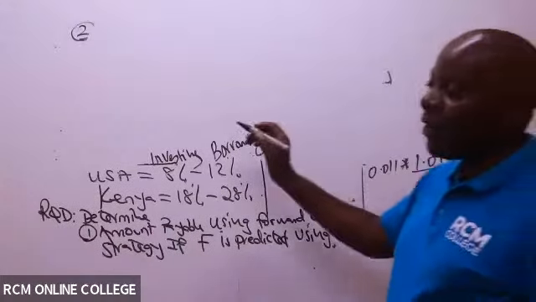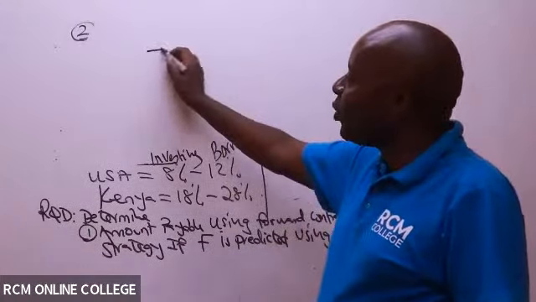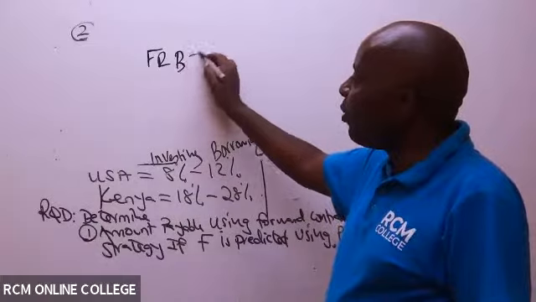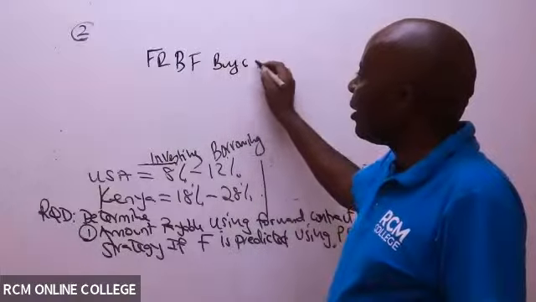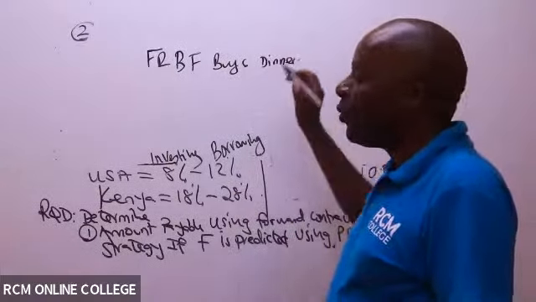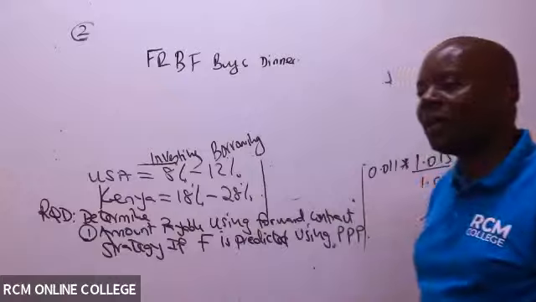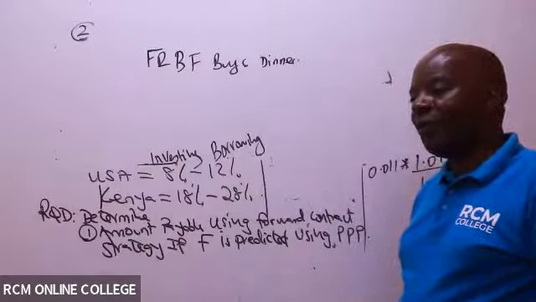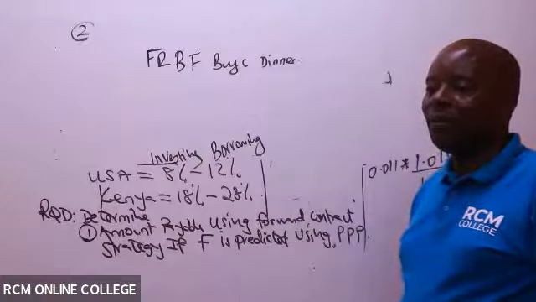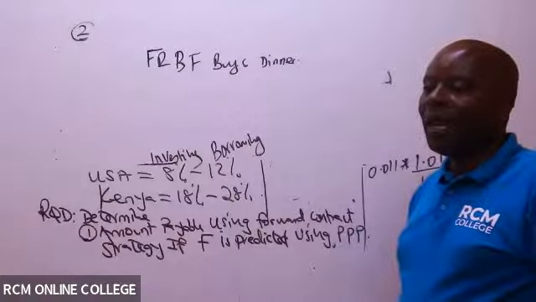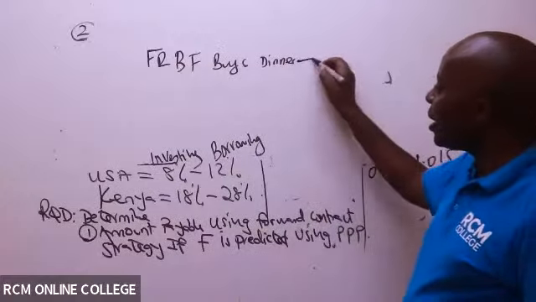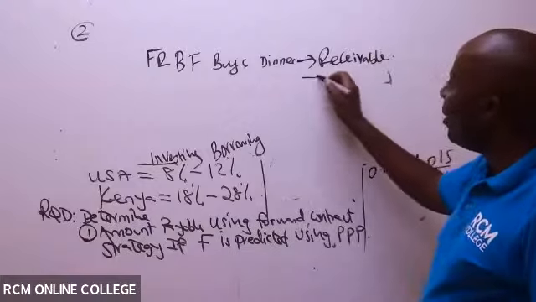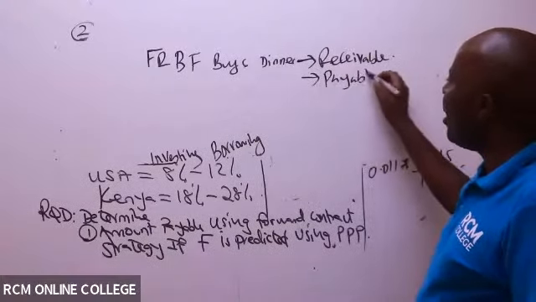Now, when they give us this kind of a question, even if you're doing a forward contract, we must use the foreign boyfriend buys dinner concept. Now remember, this is for receivable. But the question that we have is a payable question.